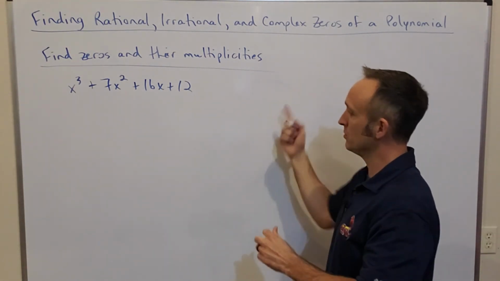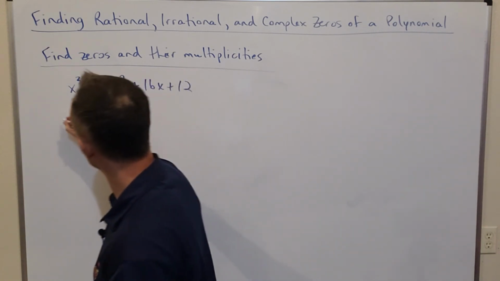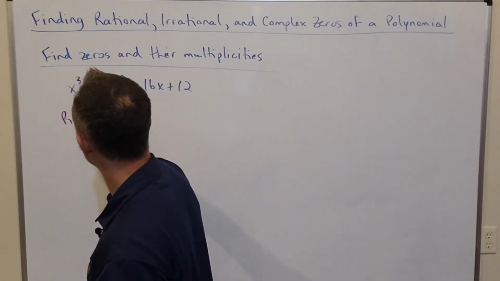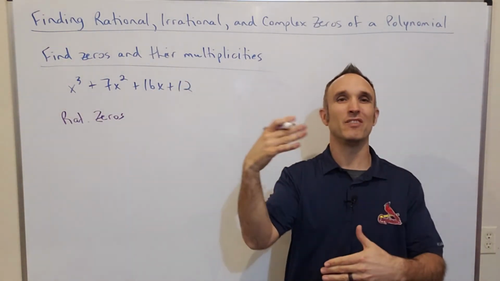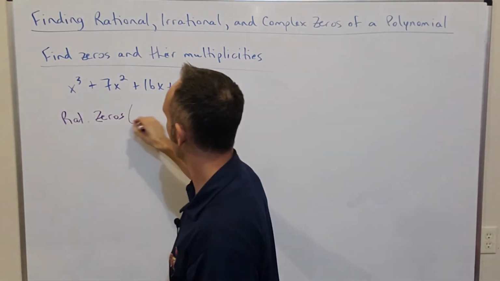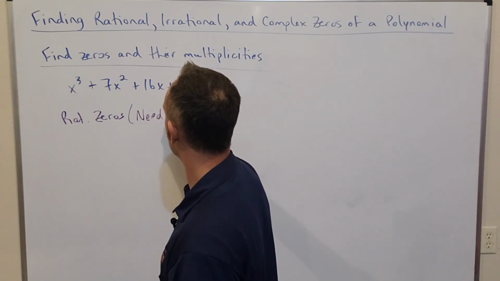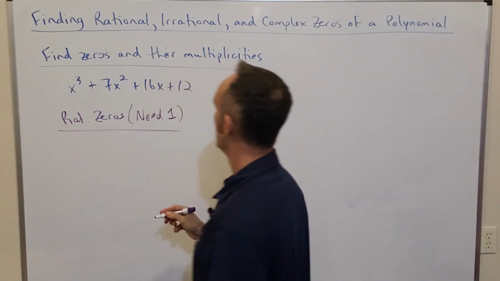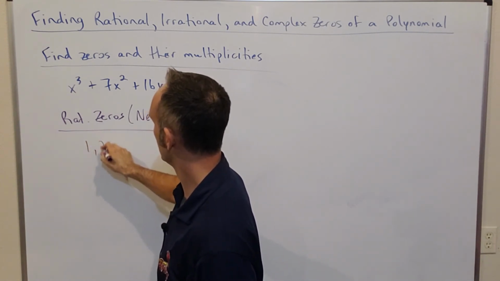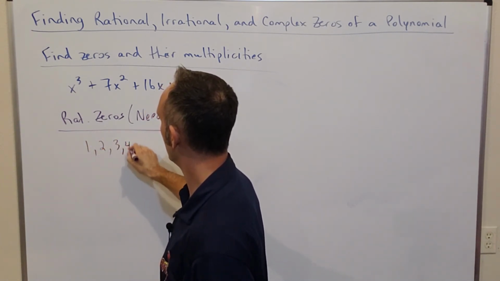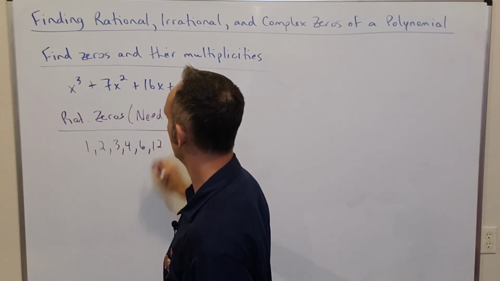So we need to resort to our rational zeros. But this is cubic, so I only need to divide 1 time to get to a quadratic, so I only need 1 of these guys to work. My possible numerators are the factors of 12, so that's 1, 2, 3, 4, 6, and 12.